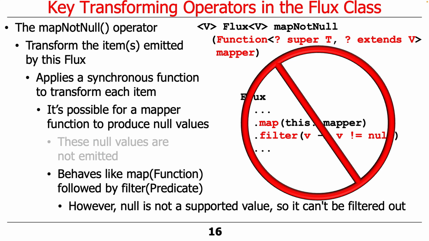However, you can't do that in Project Reactor. There's no way to filter out null values. They're just not allowed. You're not supposed to have them. So as a result, you can't have map followed by filter. The only way to do this type of behavior is to use mapNonNull. So it's working around a quirk in the semantics of elements that can be in streams in Project Reactor.